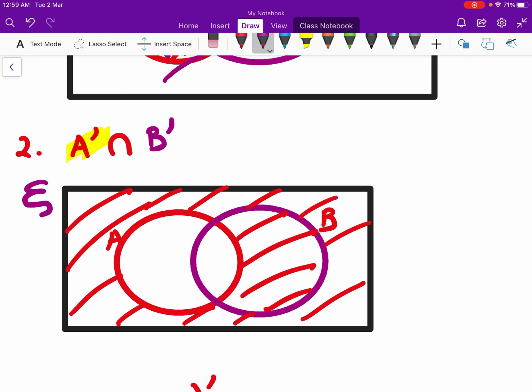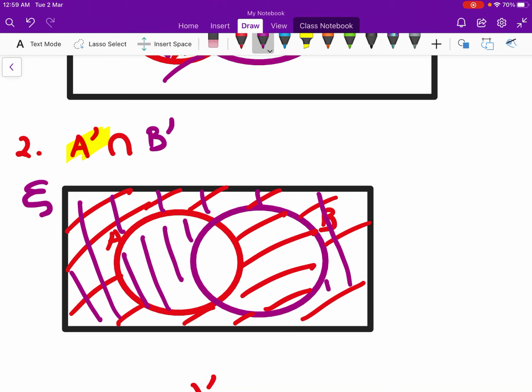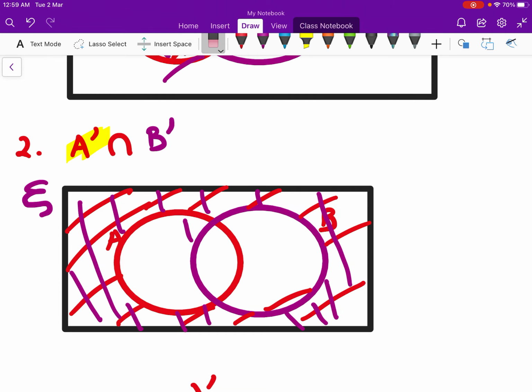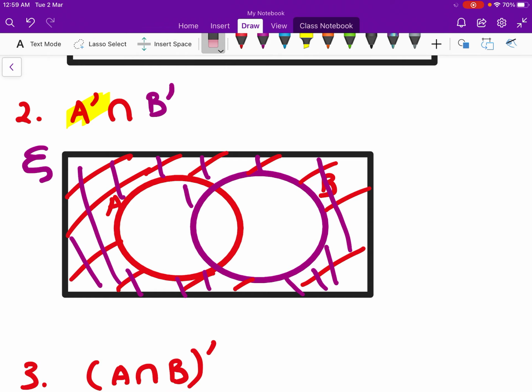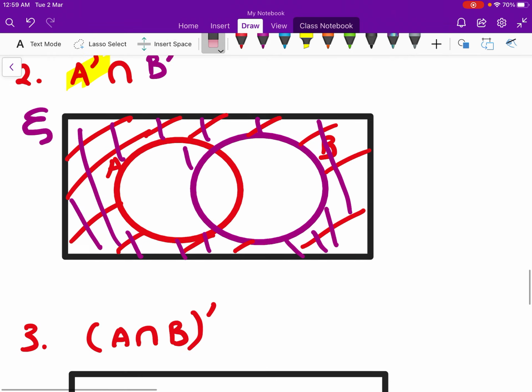Second, shade your B complement, anything that's outside B. Third, find your ice cream biscuit. Here is not ice cream, here is also not. So what is left is just the outside. This is how you do it.